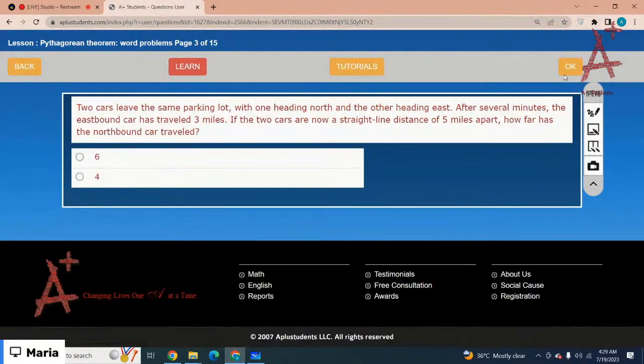Okay, two cars leave the same parking lot with one heading north and the other heading east. The eastbound car has traveled 3 miles, and if the two cars are now at a single line distance of 5 miles apart, how far has the northbound car traveled?